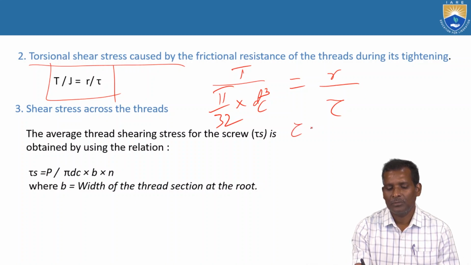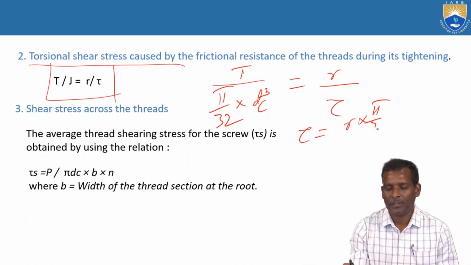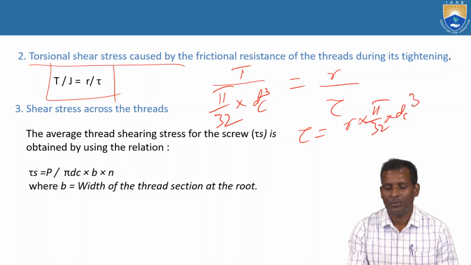Shear stress is equal to T by J into R, that is R multiplied with T divided by pi by 32 into dc cube.